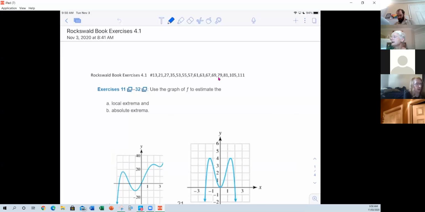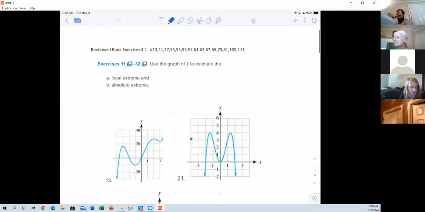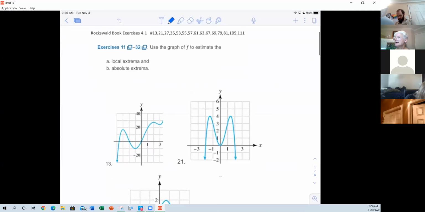Okay, so we're looking at, and I think I got lazy on this and didn't mark the ones that we're doing, but let's look at this. It says use the graph to estimate the local extrema. Remember, local extrema means the local max and or min.